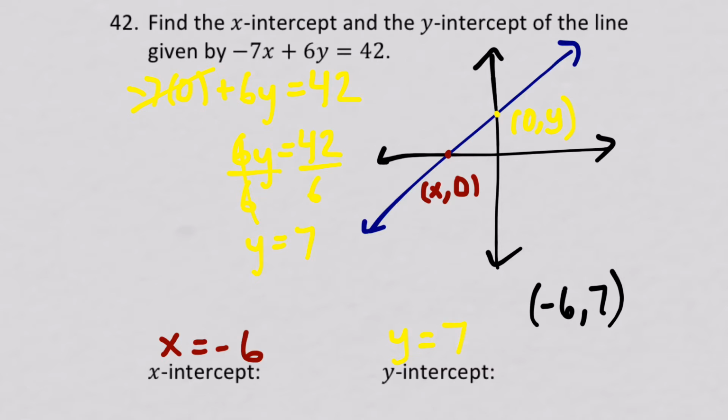You're either going to write x-intercept equals negative 6 and y-intercept equals 7, or you're going to write each one separately as its own ordered pair. For the x-intercept, it'll be negative 6, 0, and for the y-intercept, it'll be 0, 7, and that would be the correct answer. Never write it like that.